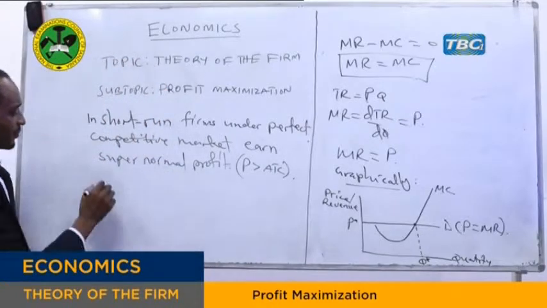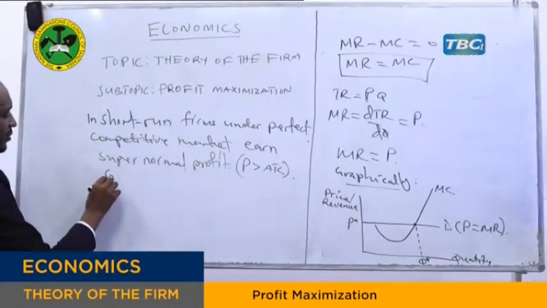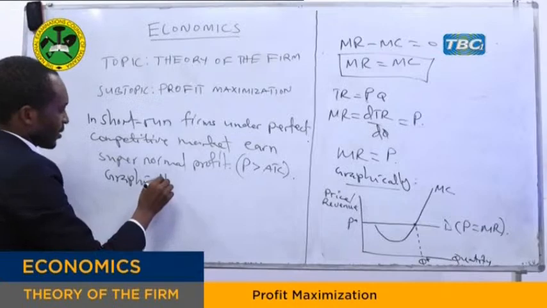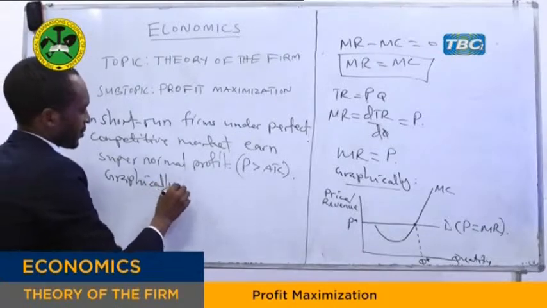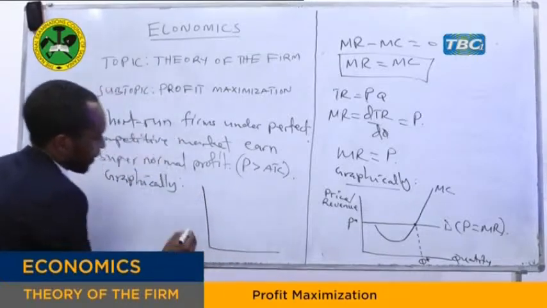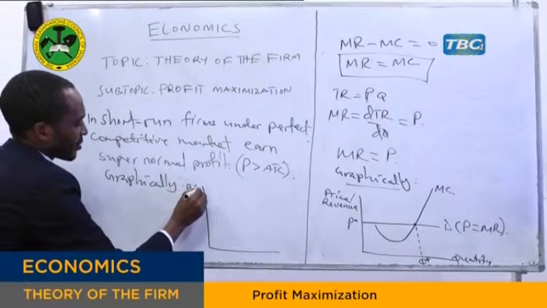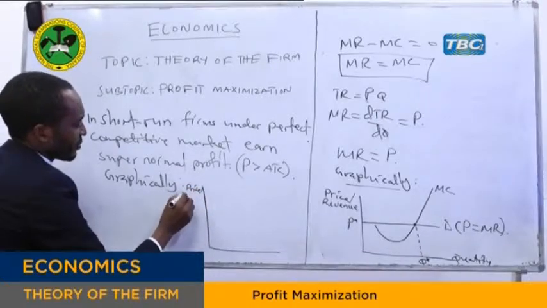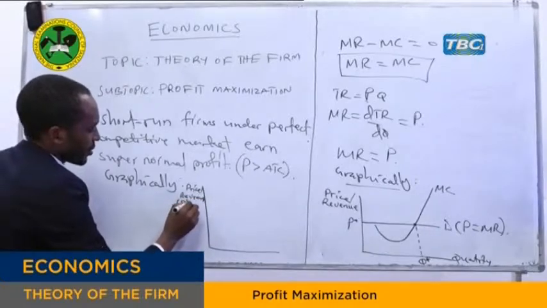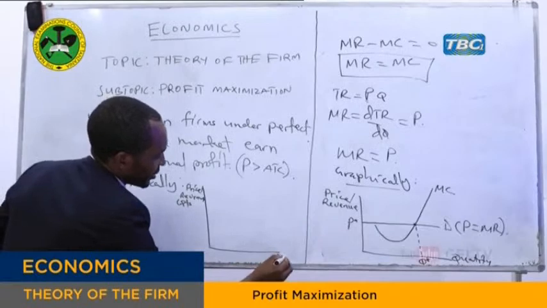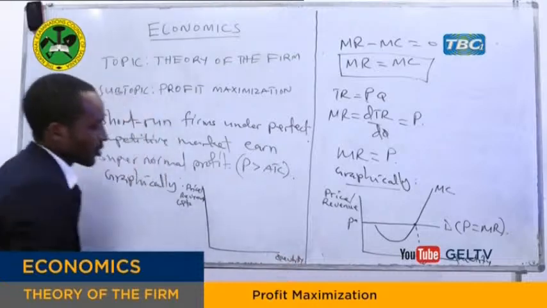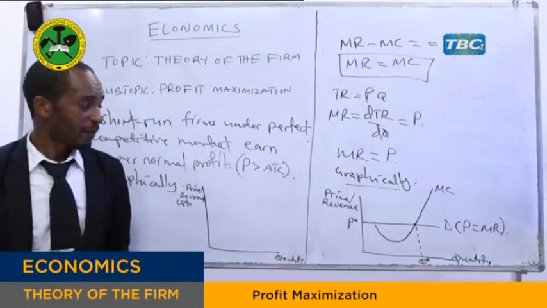So graphically it will be as follows. Graphically, it will be like this. So here is price or revenue or cost, and here is quantity produced.